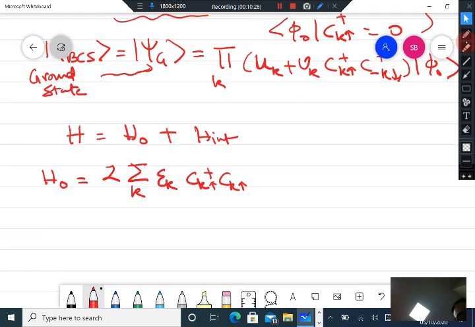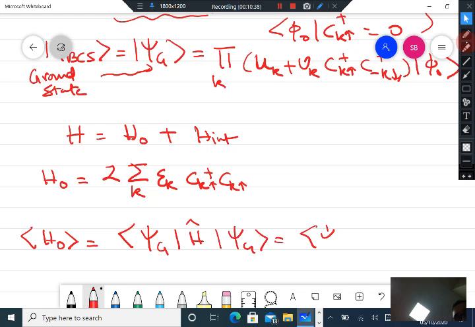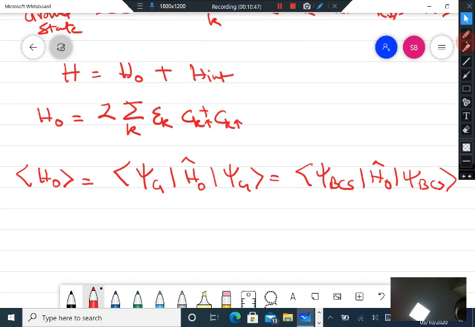So let us find out the expectation value of H0, which is psi g H0 psi g, or it is also psi BCS H0 psi BCS, whichever notation you want to use. Basically this is nothing else but twice the sum over k of Ek, phi naught.